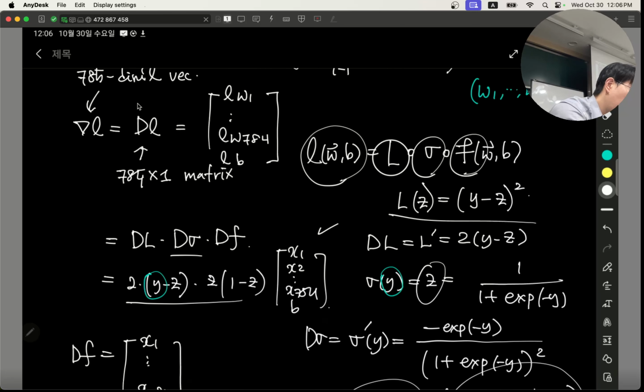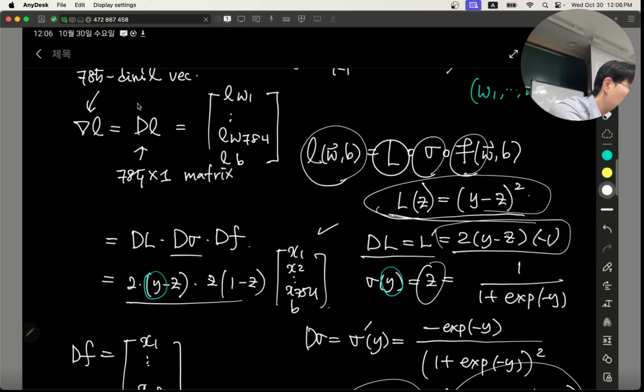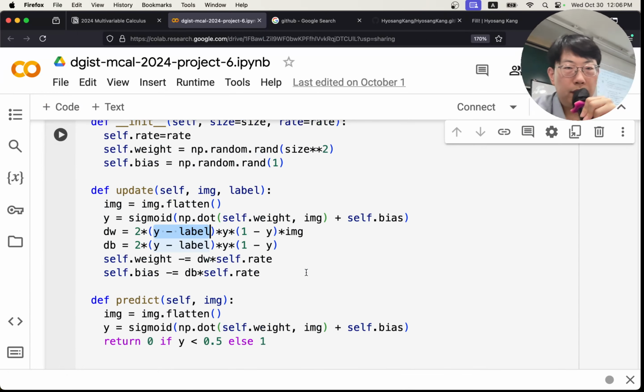So here, if my L, the capital L, is this, then L prime is minus of this, right? So what I should have is Z minus Y, not Y minus Z. So anyway, this is the dL part, and this is the d sigma part, and this is the image part. So basically, I only have X1 to X784 for my update of W.